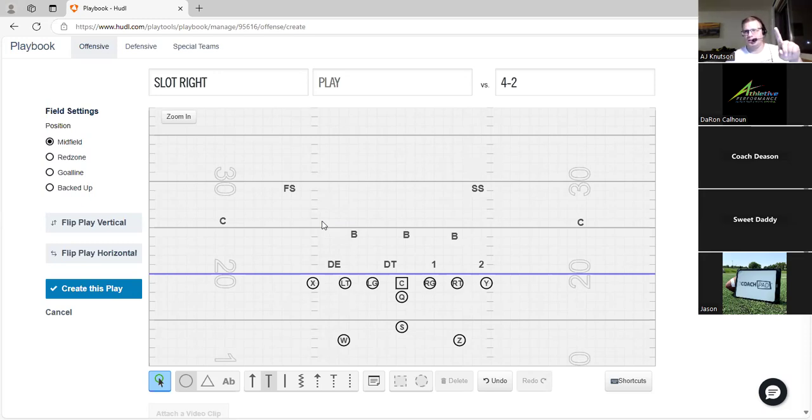Coach Decent, since he's on here, has a great Zoom video on formations and how he tags and numbers them using colors and numbers. I have that in the gun spread option group. I will tag that this week, so if you guys are interested in how he does it, you can check that out.